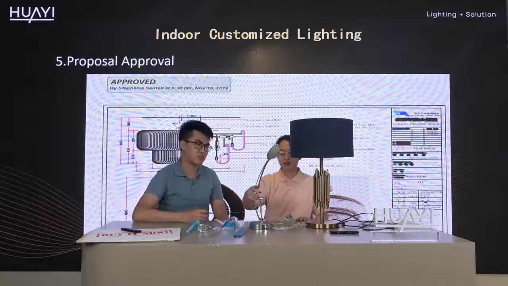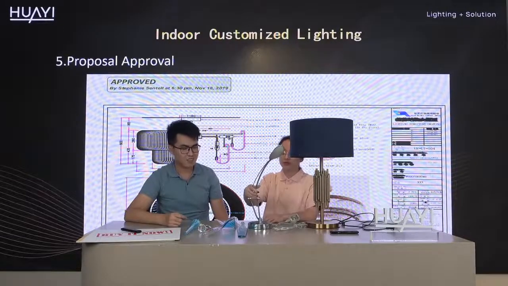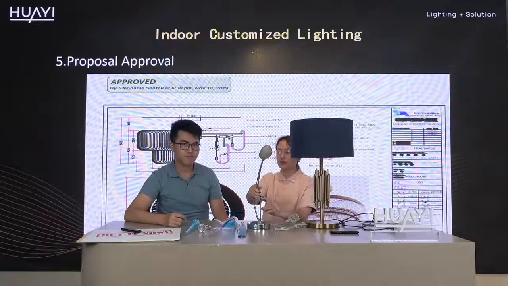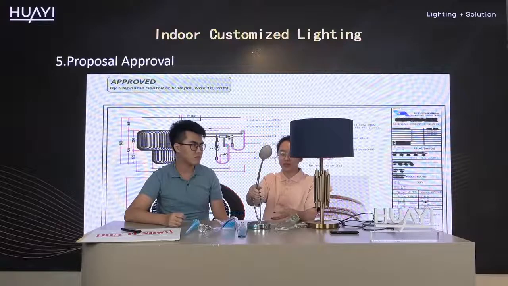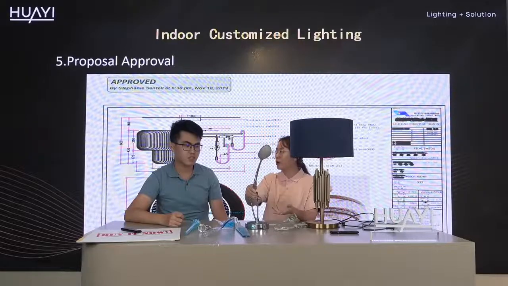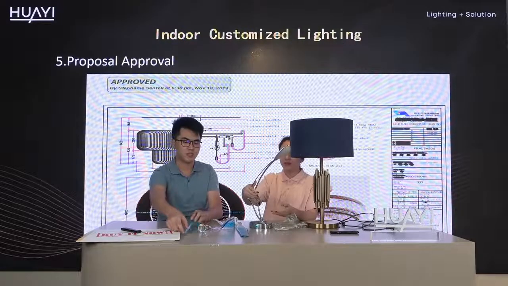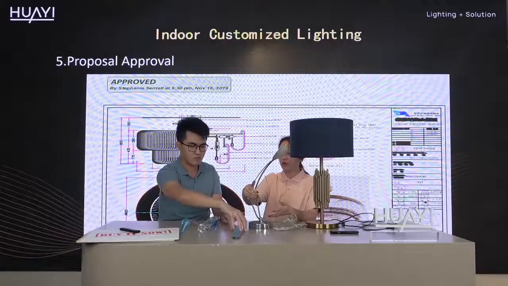So let's introduce this modern one to our clients. Actually, this modern decorative light is not for a customization project. It is our wholesale design, but sometimes our clients choose it for project use, like in hotel rooms.